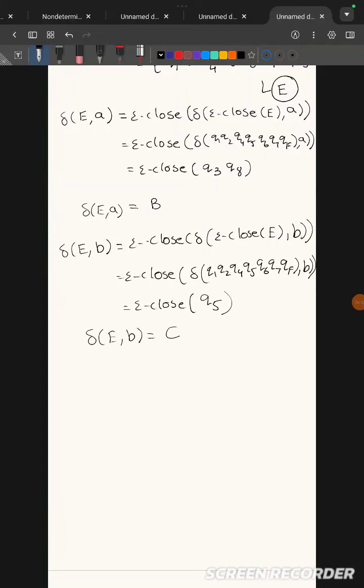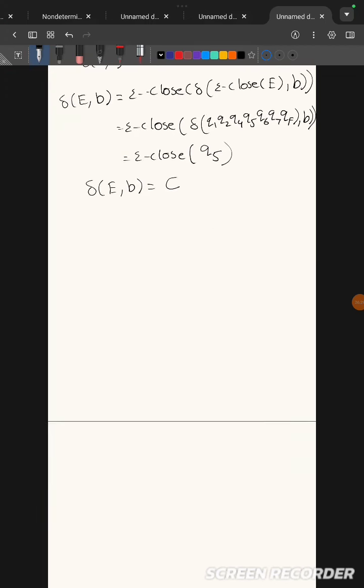Okay, now we are done with all the states. We have to form the transition table. So what are the states we have formed? We have formed A, B, C, D, E. Draw the table. We have two symbols, small a and small b.